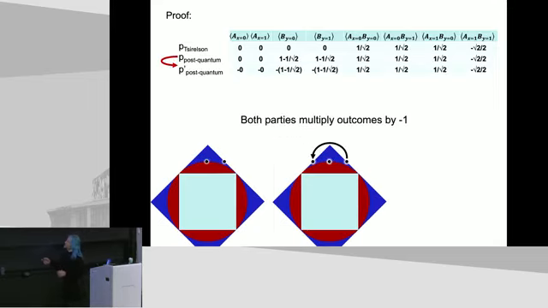The argument's pretty simple. If both parties multiply their outcomes by -1, none of these correlations are going to change, right? Because they're just all being multiplied by -1 squared. But all 4 of these marginals are going to change sign because of this -1 appearing a single time in the marginals. So these marginals become opposite, and -0 is still 0. So in the diagram, this just flips you to this symmetric point over here.